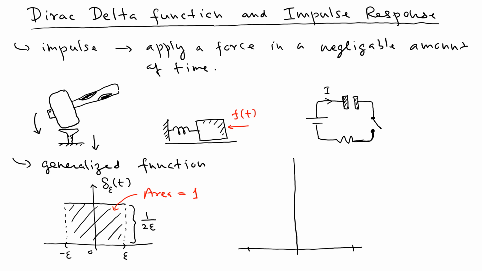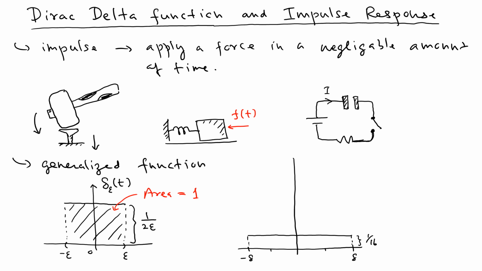Let's say we go from negative 8 to 8. The width is 16, so the height has to be 1 over 16 in this case.